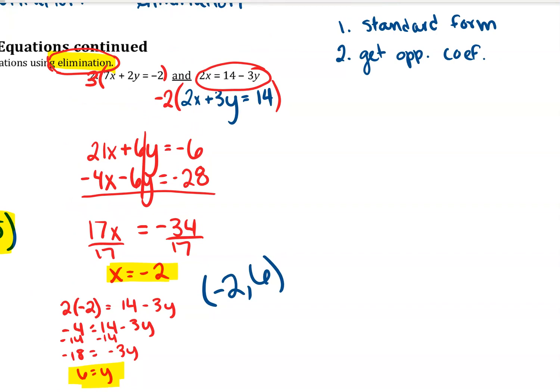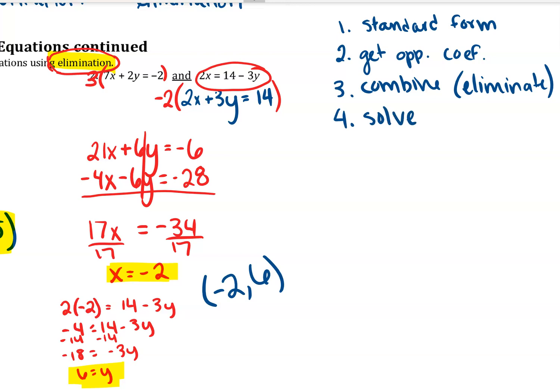I forgot to keep writing my list of steps. So step 2 is get opposite coefficients, which we did. And then step 3 is to combine like terms. And this will eliminate one of the variables. Step 4 is to solve the remaining equation.